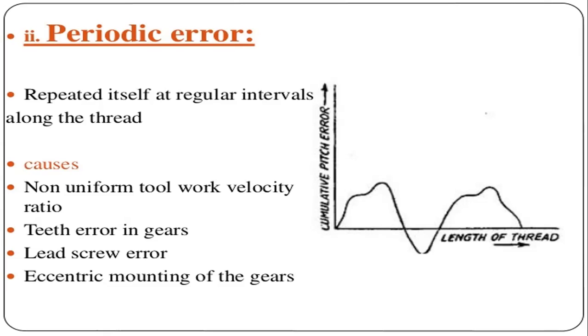Next, lead screw errors. And last, eccentric mounting of the gears. So these are the different causes for the occurrence of periodic errors.